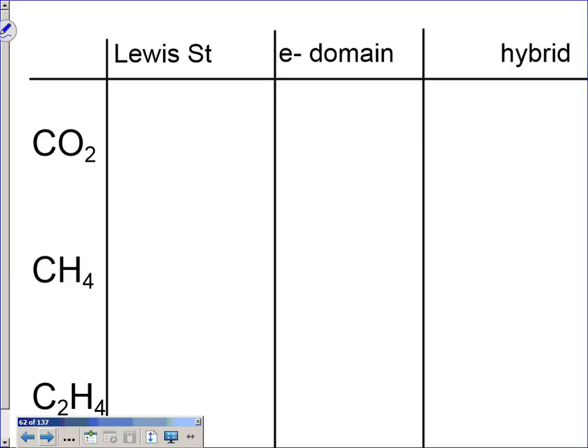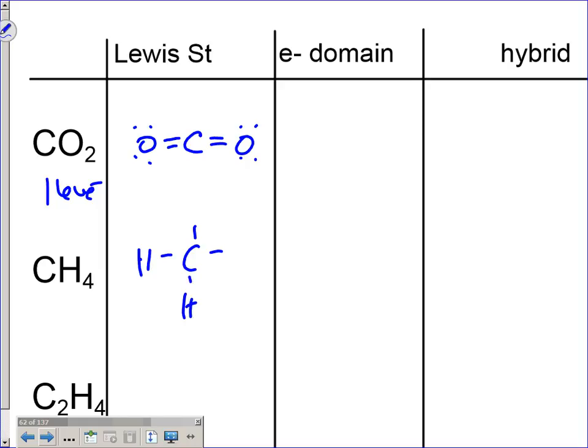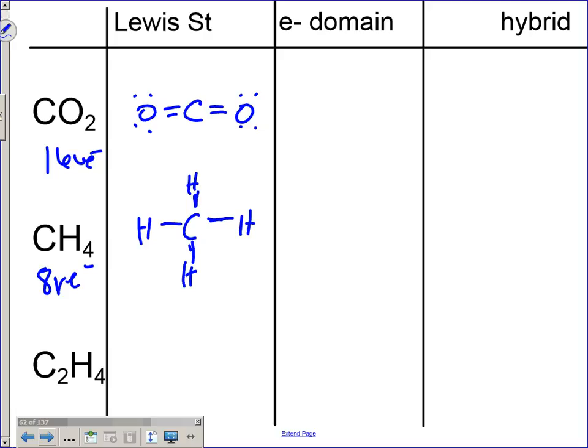How many valence electrons are in carbon dioxide? We just drew methane. What's C2H4's name?